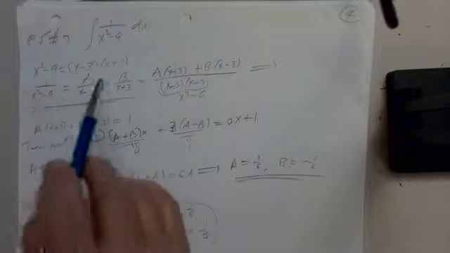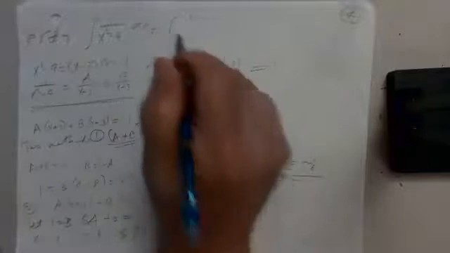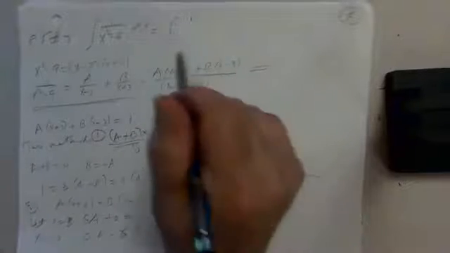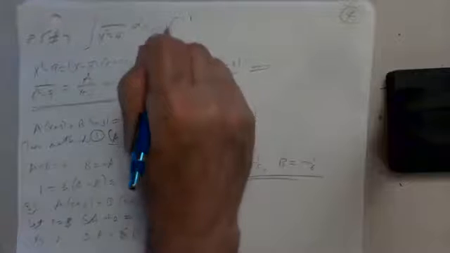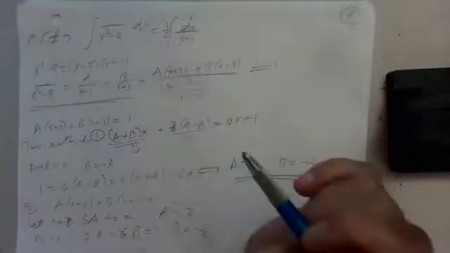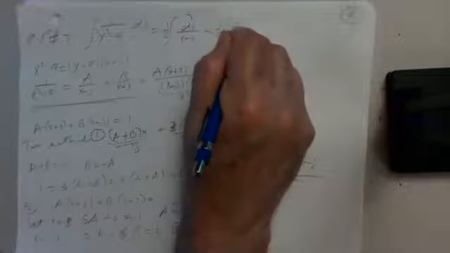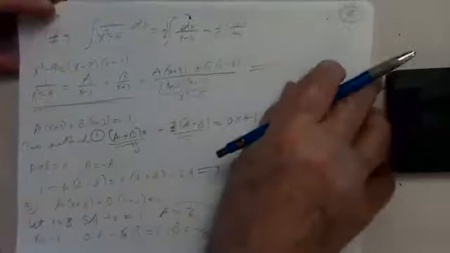So this expression, the integral of 1 over x squared minus 9, is equal to the integral of a, that's 1/6 over x minus 3, plus b, which is minus a sixth, the integral of 1 over x plus 3. So this just gives us two logarithms.